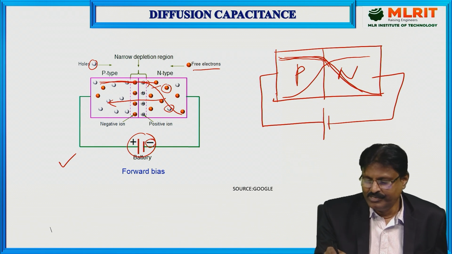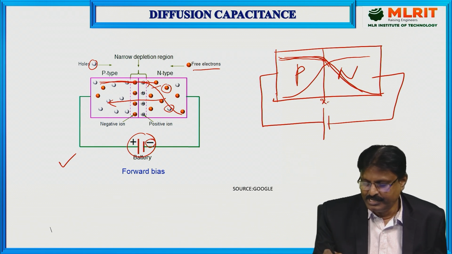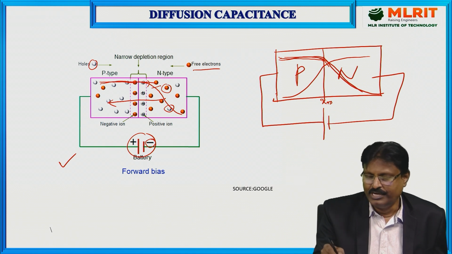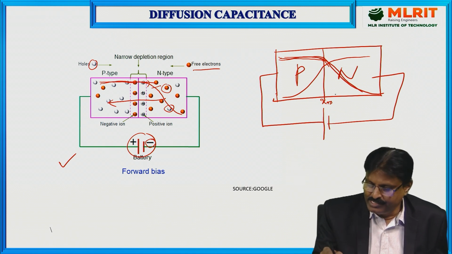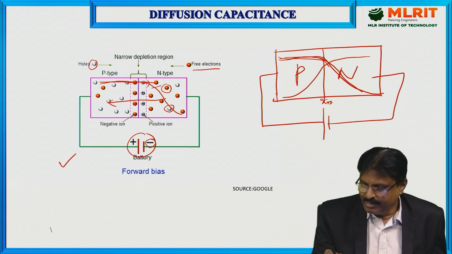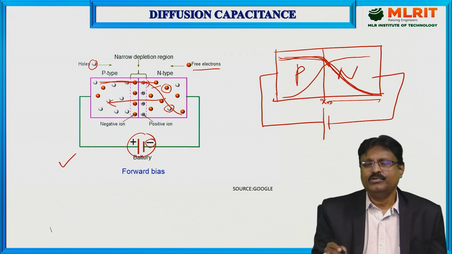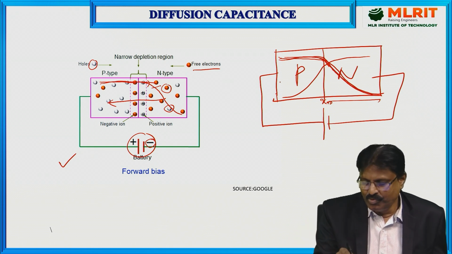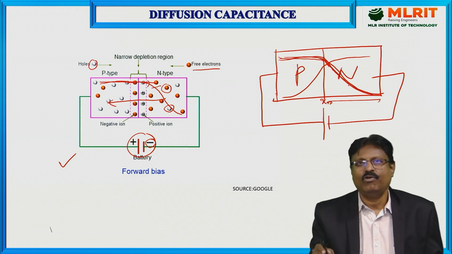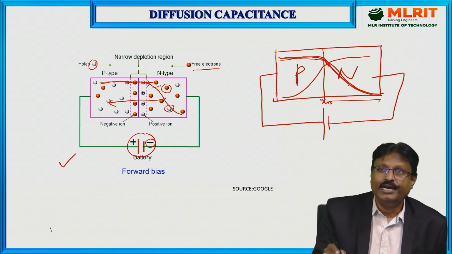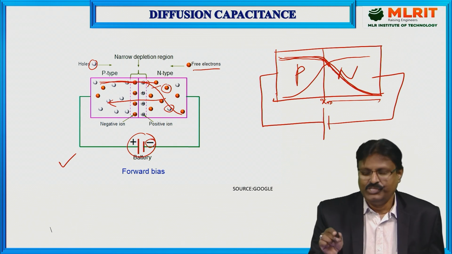So as you can see, at the junction x equal to 0, the count of holes is high. Whenever they move from the junction towards the right side, due to the recombinations, the concentration goes on decreasing. This charge which has moved from the P side to the N side is called injected minority charge.